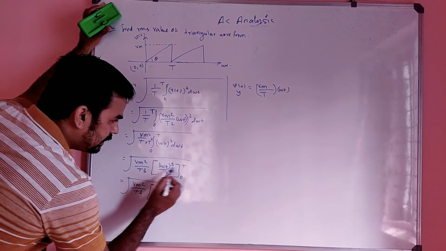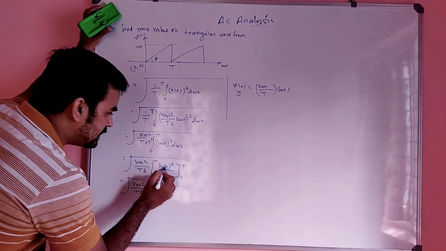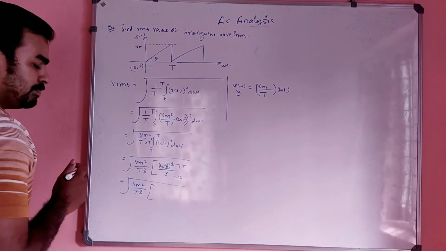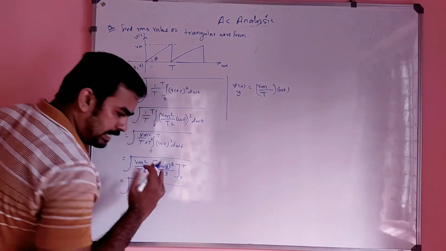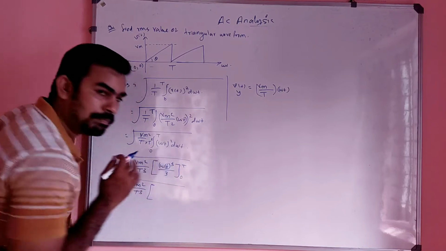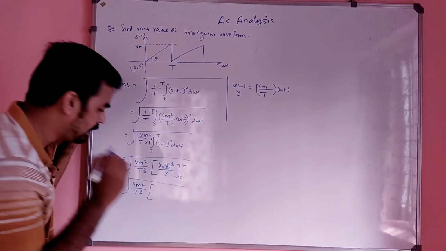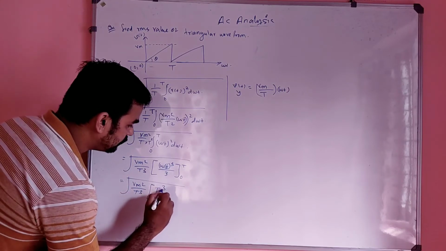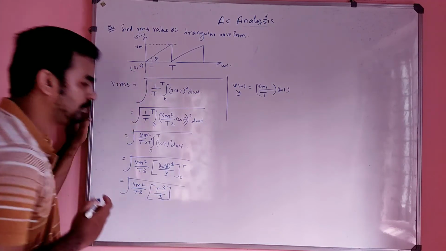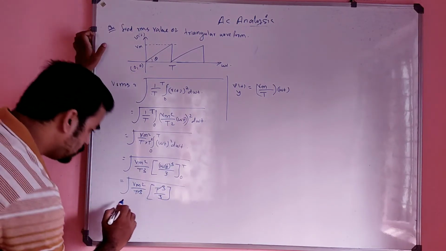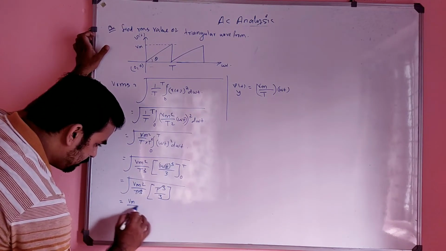Instead of omega t you can substitute T, so it will be T cube by 3. Correct or wrong? So T cube and T cube cancel, and the result will be simply Vm by root 3.